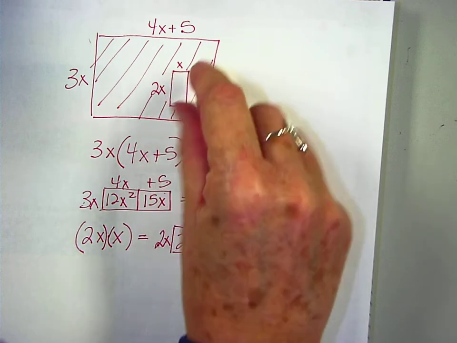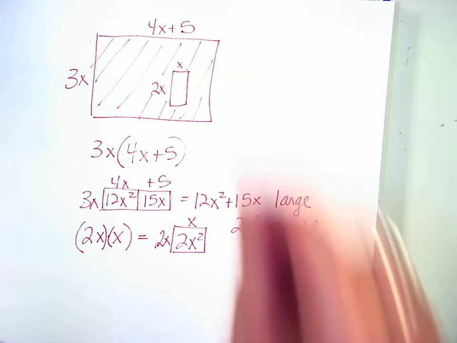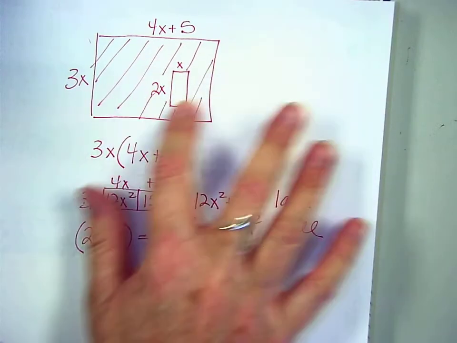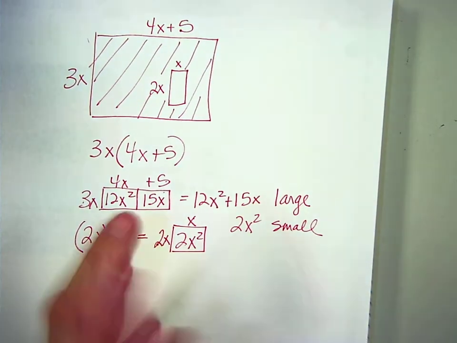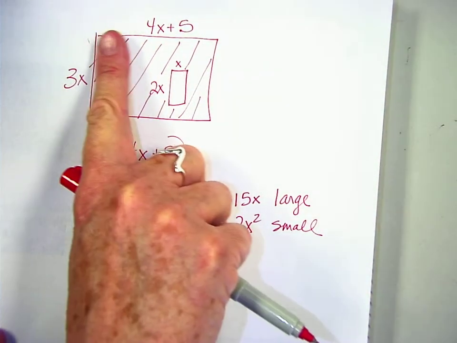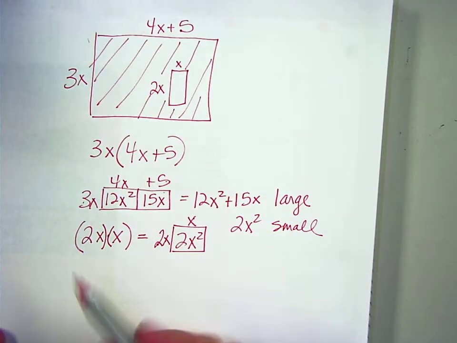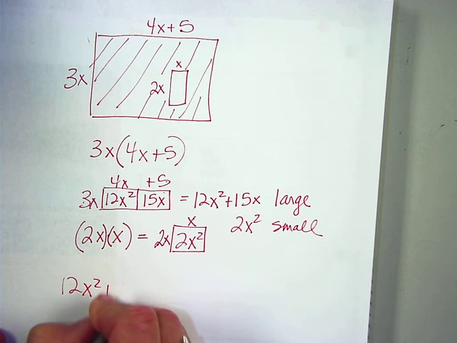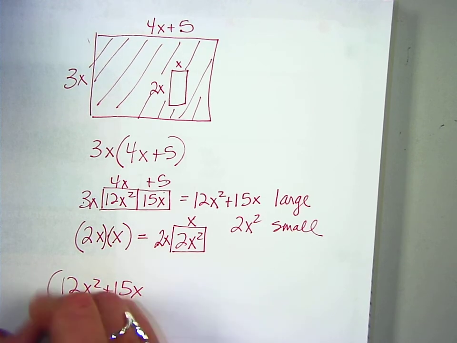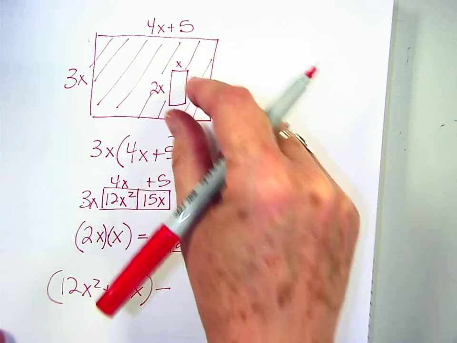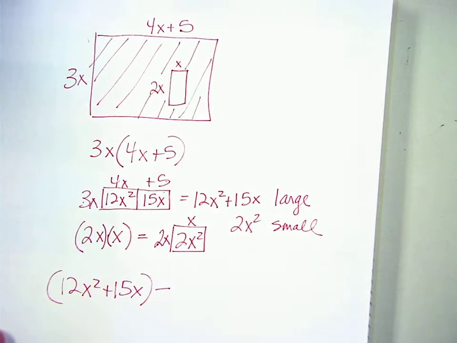So if I removed the small rectangle from the large rectangle, what would be left would be that shaded area, right? So if I take the area of the large rectangle, which is this, and I subtract the area of the smaller rectangle, I just take that bite and pull it out.